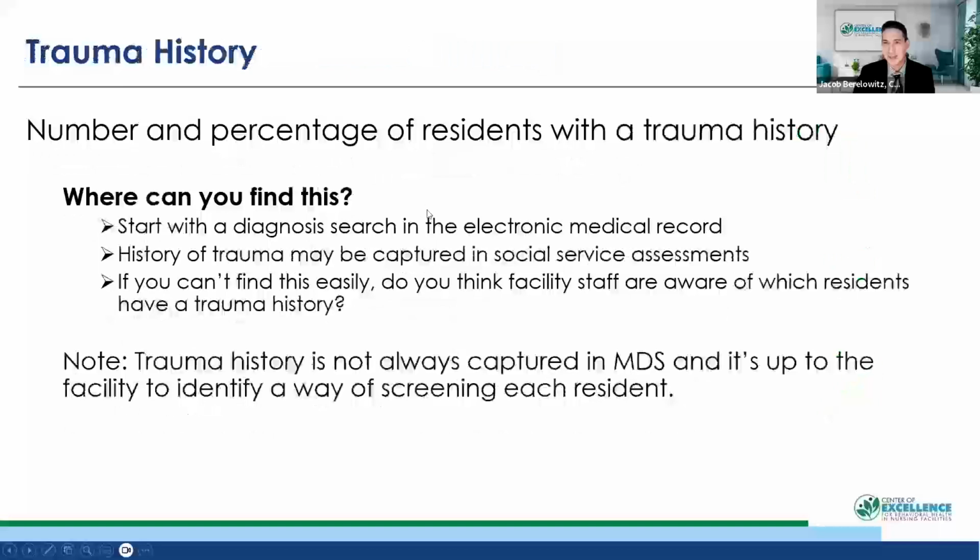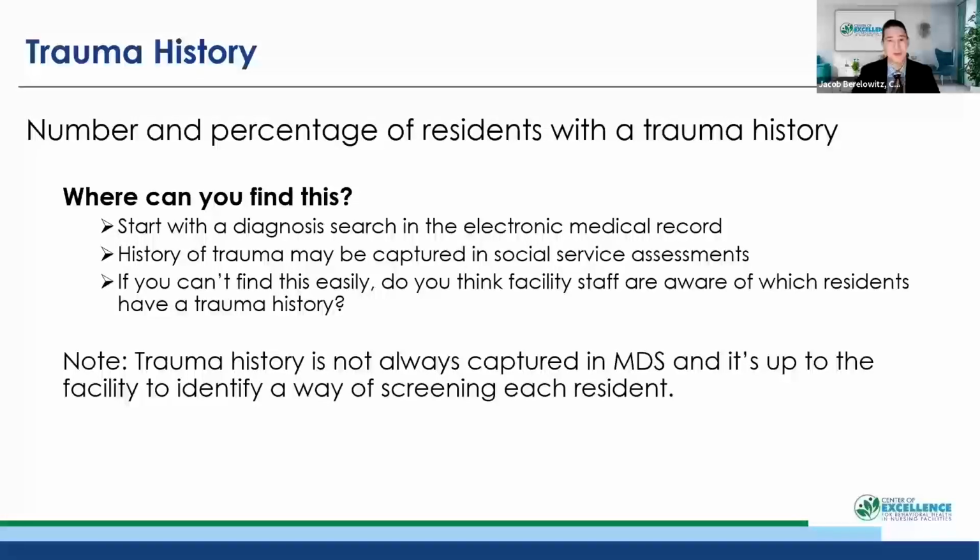All right, so our next topic is trauma history, and similar to substance use disorders, this is something that's really come to the forefront for us, right? We're all mindful of the requirements for trauma training and ensuring that we're addressing the needs of residents with a trauma history, but there's no clear way to capture it in the MDS. Sure, if someone has a diagnosis of PTSD, post-traumatic stress disorder, you will maybe see that in the electronic medical record.